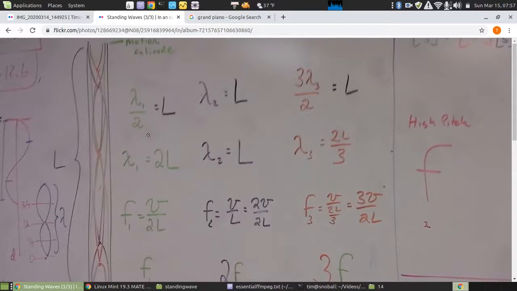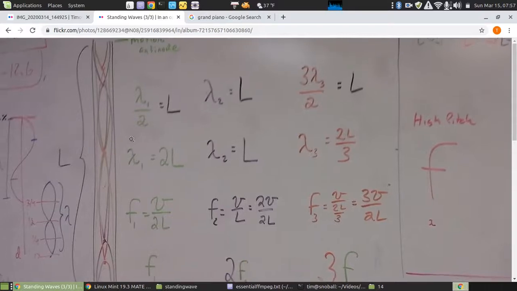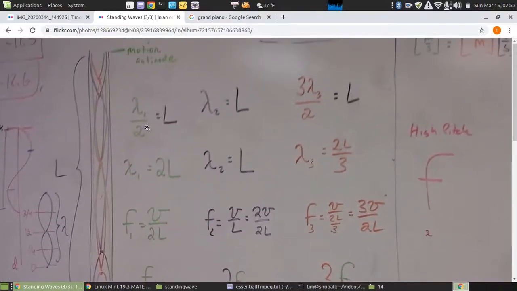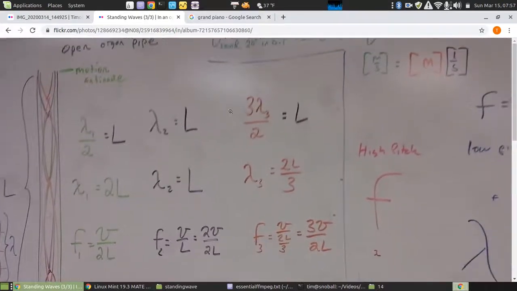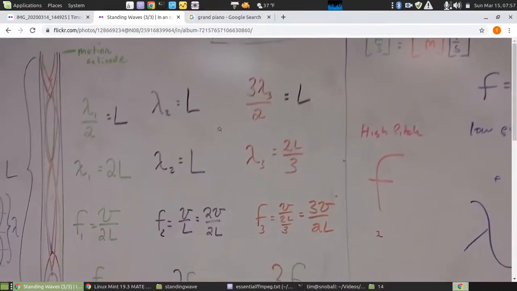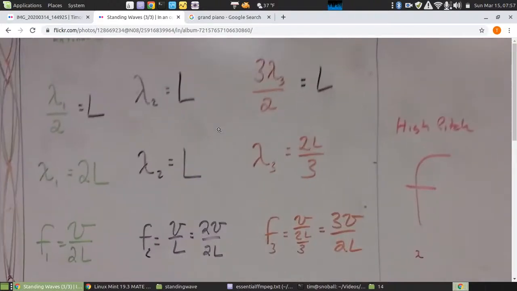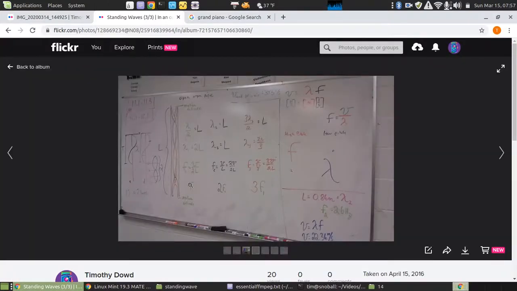But if you go through and check all the waves that could fit in there, you could have a half wavelength, you could have a full wavelength, you could have 3/2 of a wavelength. So at the end of the day, when you plug into the wave equation, you get back to what you have for a wave on a string. You could have your lowest frequency, and everything else that's allowed is going to be a multiple of it.